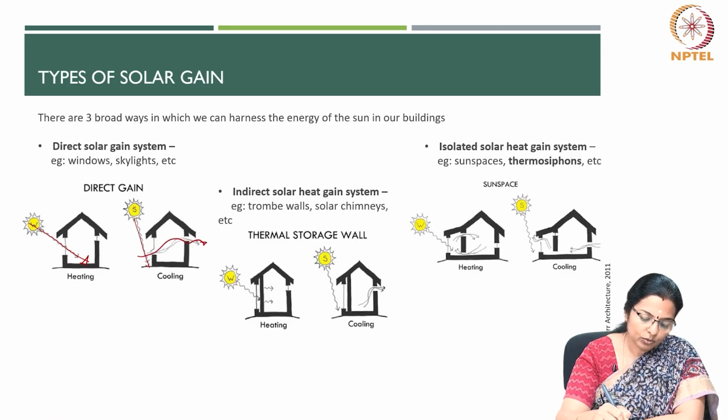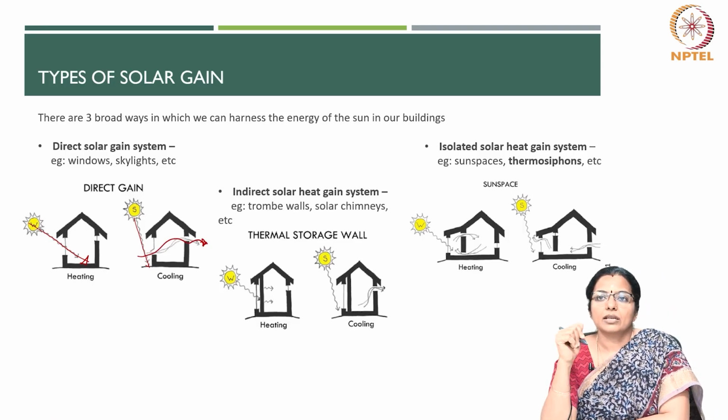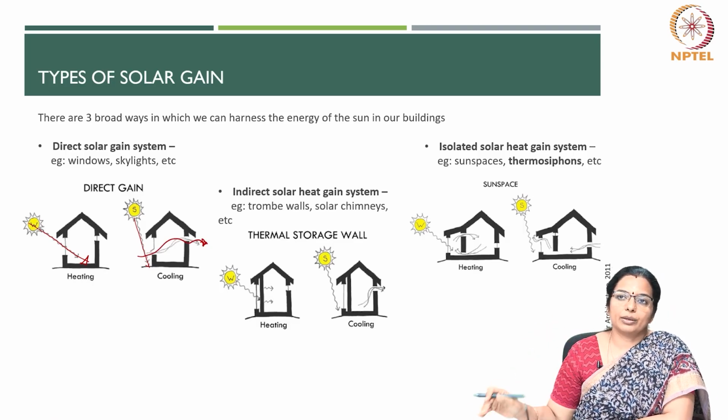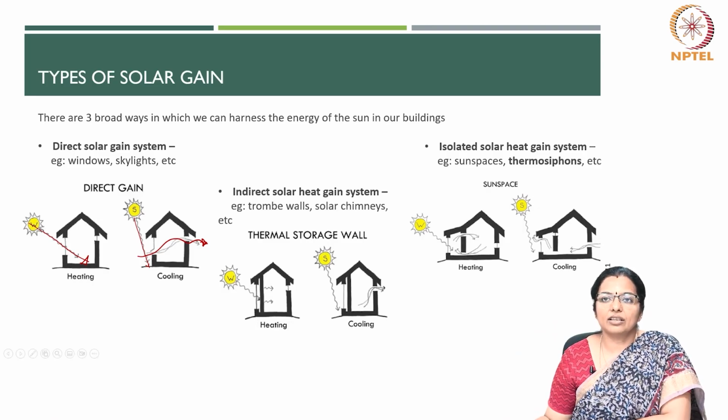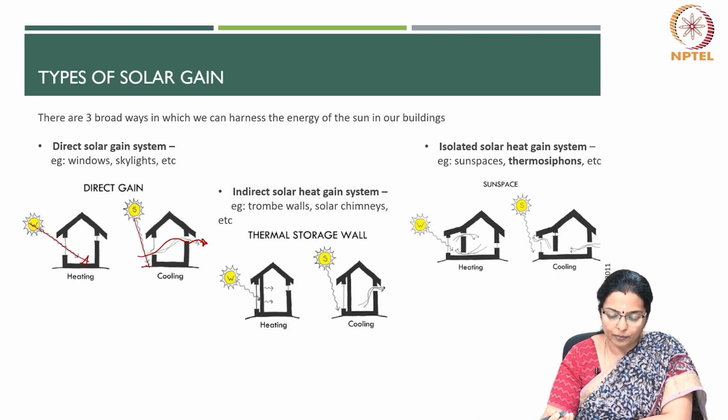Or, a dense construction material such as the wall or roof is heated by an indirect solar gain system which transfers the heat through the materials into the inside of the structure.